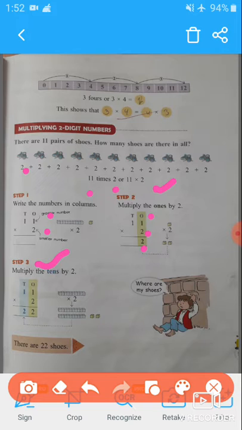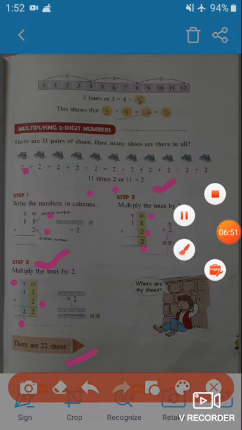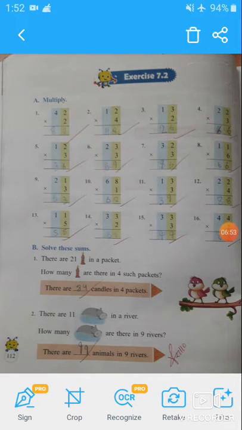When we multiply the tens, that is 2 by 10, it means 2 multiplied by 1 equals 2. That means there are 22 shoes in 11 pairs.